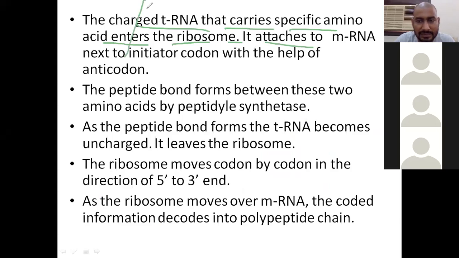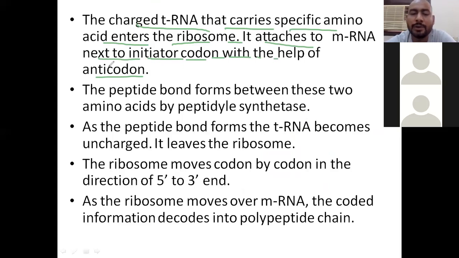It attaches to the mRNA next to the initiator codon with the help of the anticodon. Means the second tRNA will come with the second amino acid. The peptide bond forms.